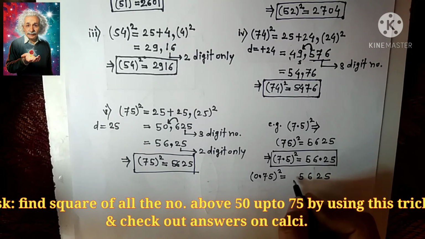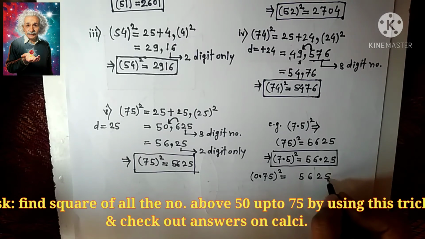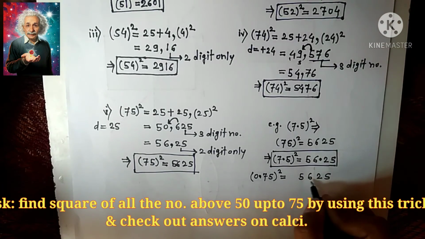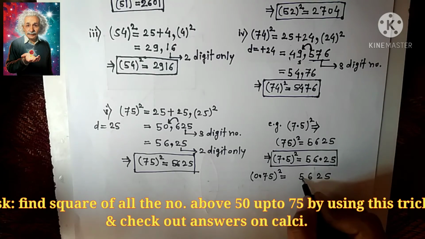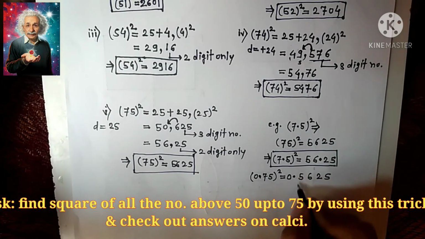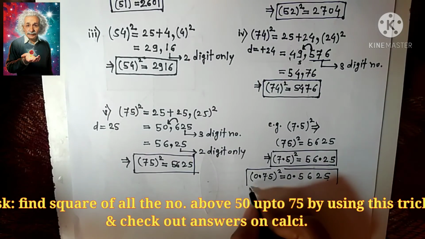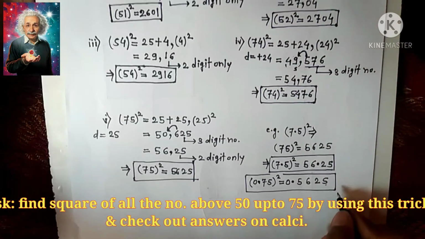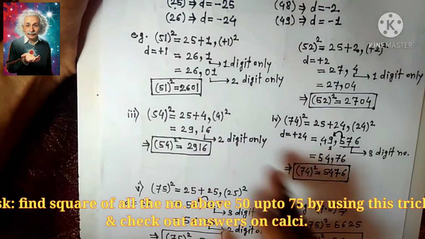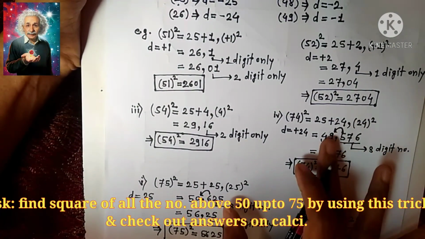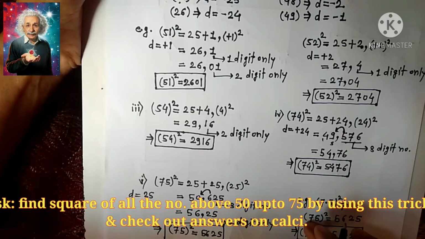So we write the decimal point after 4 digits from the right. 1, 2, 3, 4. So we get 0.5625. This is the square of 0.75. In this way you can find the squares which are given in decimal form also.